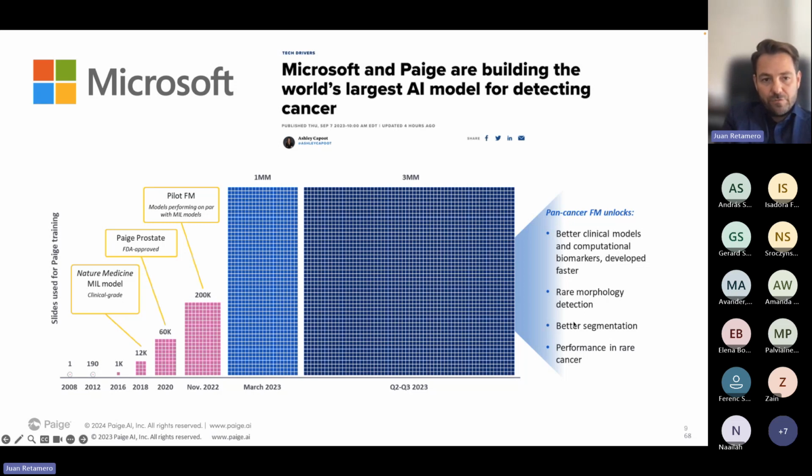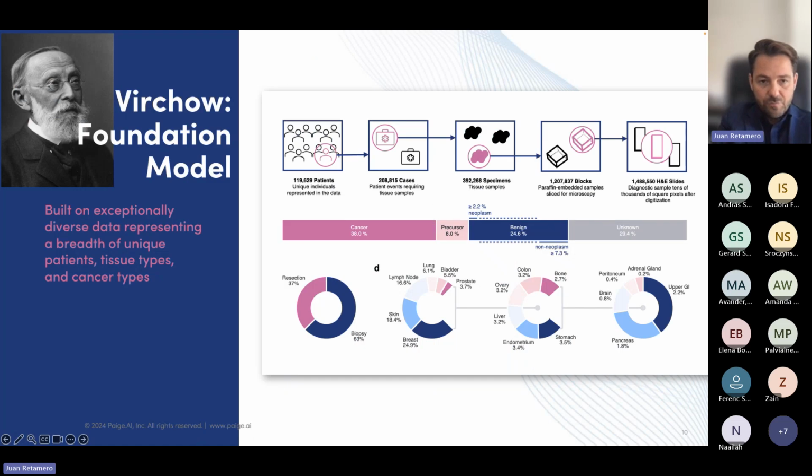Of course, the amount of computational power required to process millions and millions of slides requires very strong partnerships with key players like Microsoft, that otherwise would render this endeavor much more challenging. And essentially, this is how the Virchow foundation model was born. We call it Virchow in honor of the father of the profession of pathology.